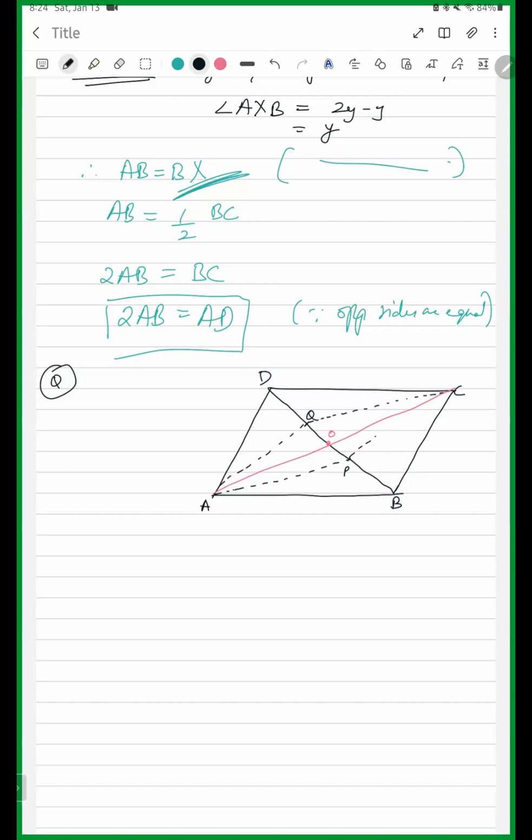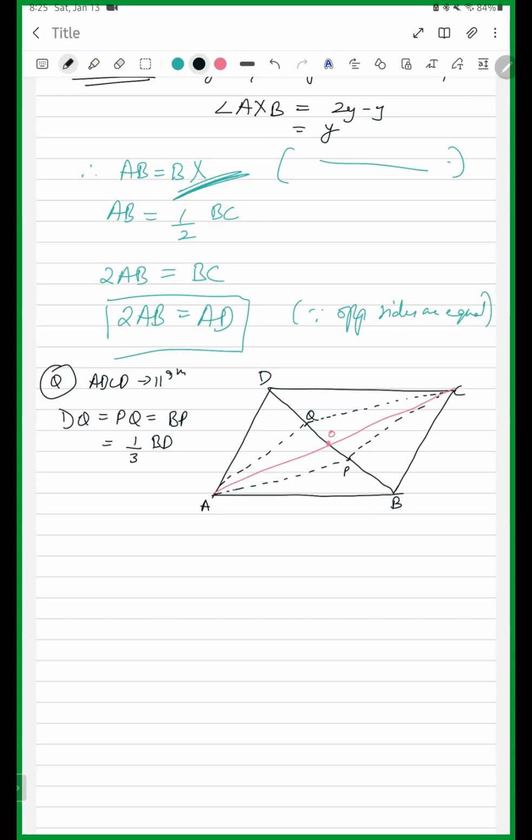Okay, so these are the points of trisection. So what all is given? ABCD is a parallelogram. DQ is equal to PQ is equal to BP, all of these are 1/3 of BD.